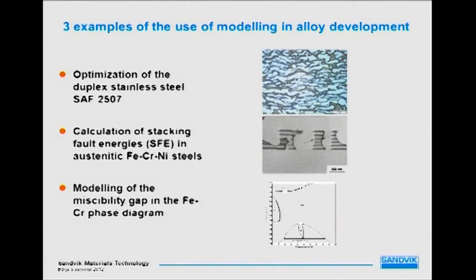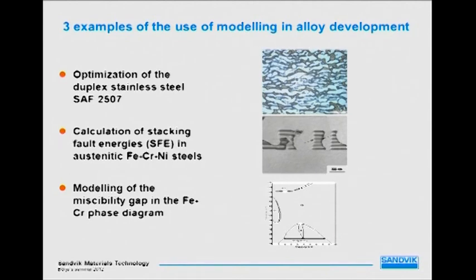One example is taken from the duplex stainless steel SAF 2507, which is the first alloy ever to be developed and optimized using computer-aided alloy design with the help of an early version of Thermo-Calc. The second example is taken from the stacking fault energy.